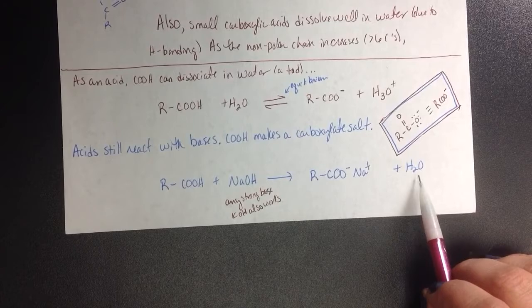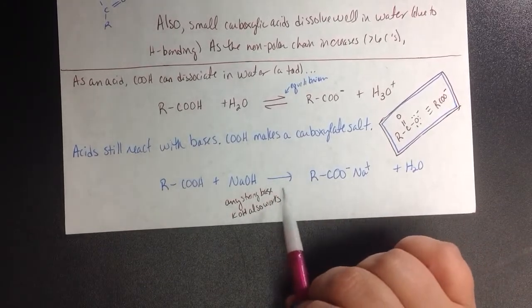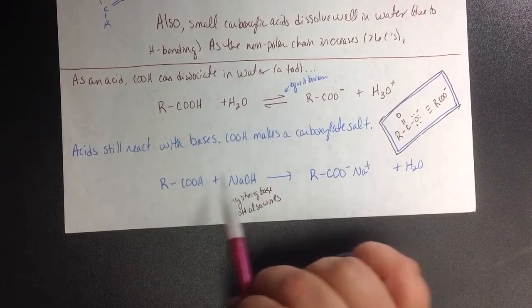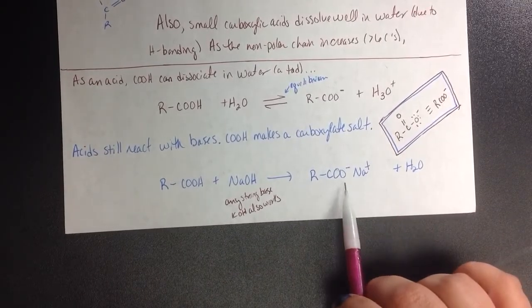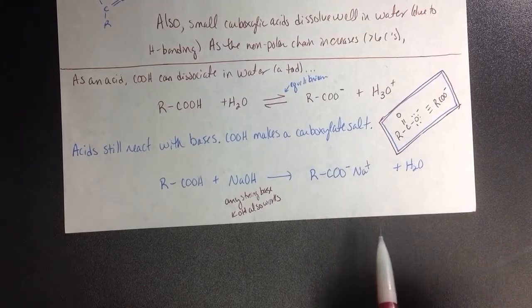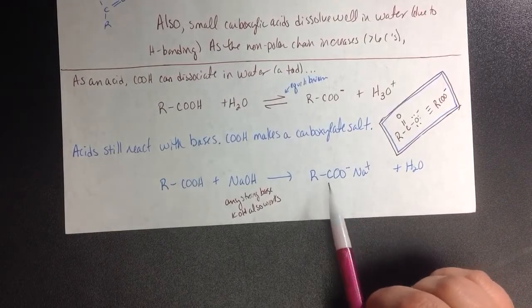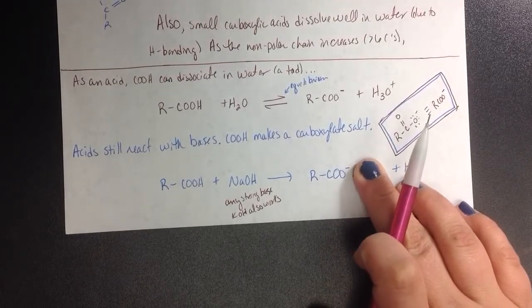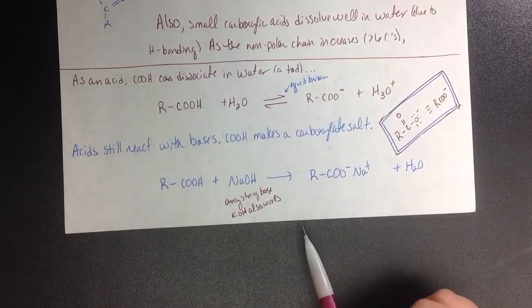And it does react. Notice this is not a reaction going back and forth. It grabs this, and it goes to water. And you're left with a COO minus. If you dry out the water, the Na will associate with that. So this is known as a carboxylate, or a carboxylate salt.